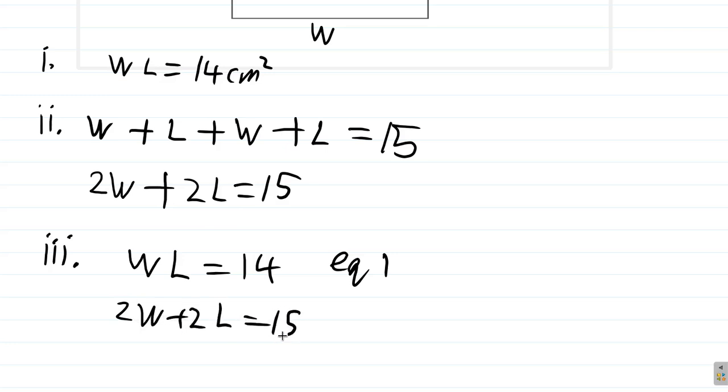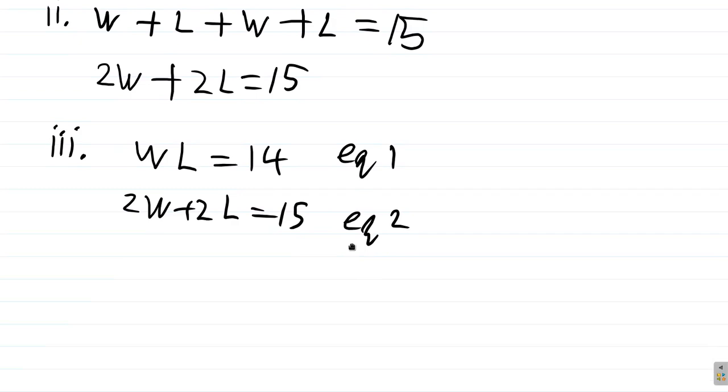Let's call this equation 2. Well, you notice equation 2, we could just divide both sides by 2. So if we do that, we have W plus L is equal to 7.5. This is still equation 2, just that we divided it, alright?